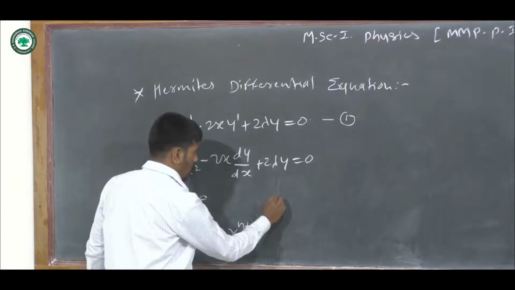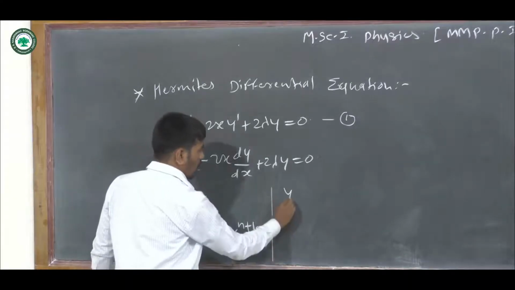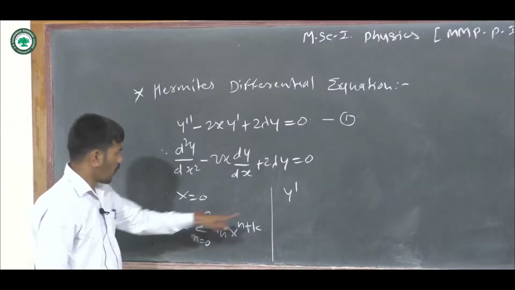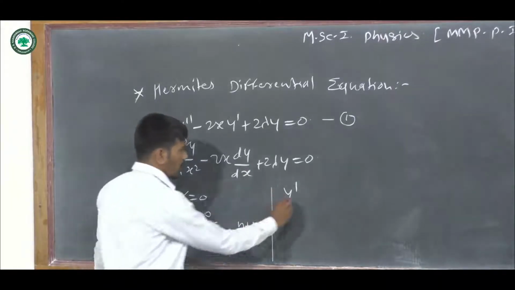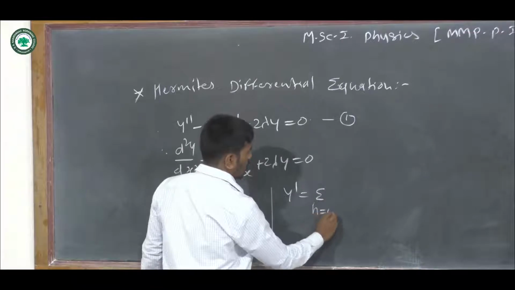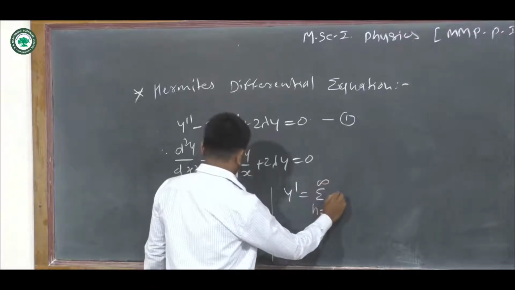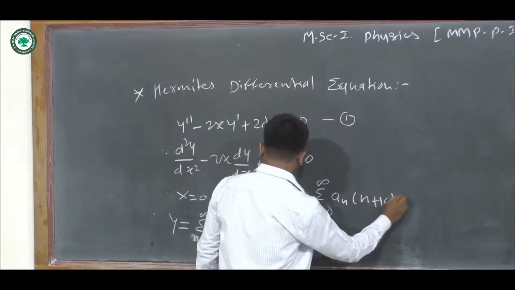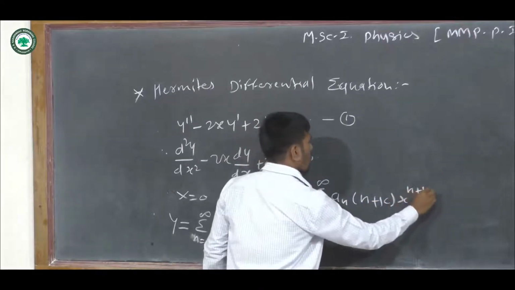Now if we differentiate this with respect to x, y prime is equal to summation over n is equal to 0 to infinity a n into n plus k into x power n plus k minus 1.